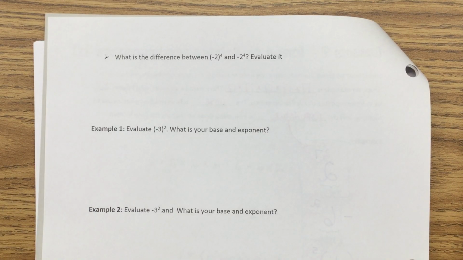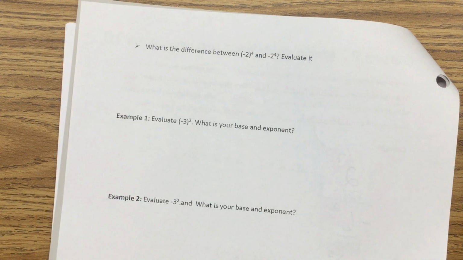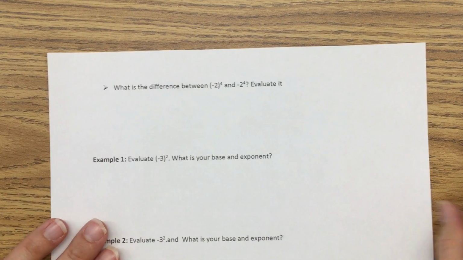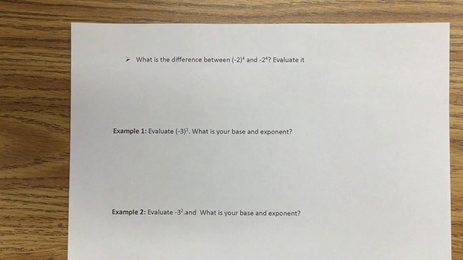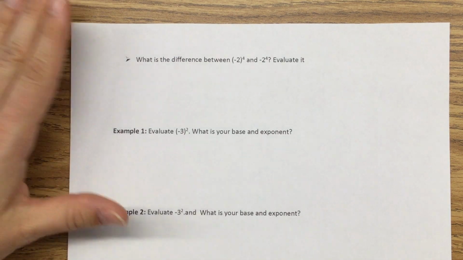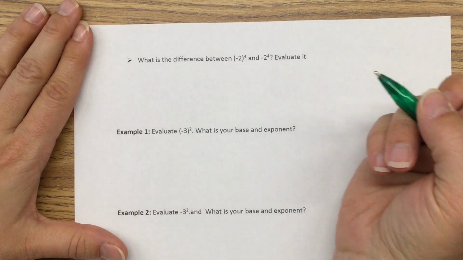And it says, what is the difference between (-2) to the 4th and -2 to the 4th? So let's evaluate this. What's the first thing we notice?